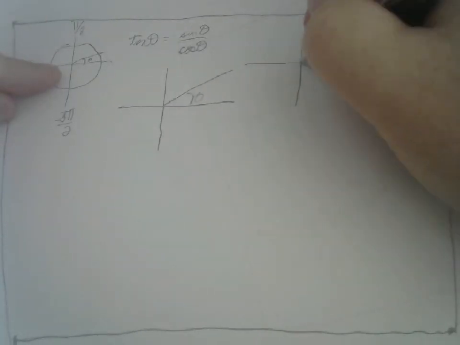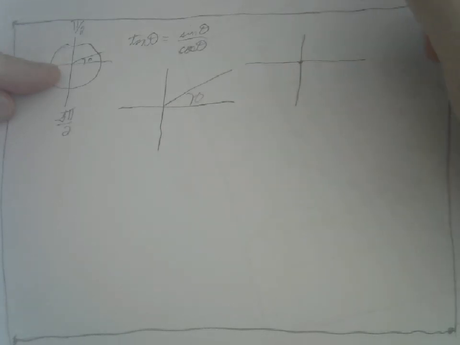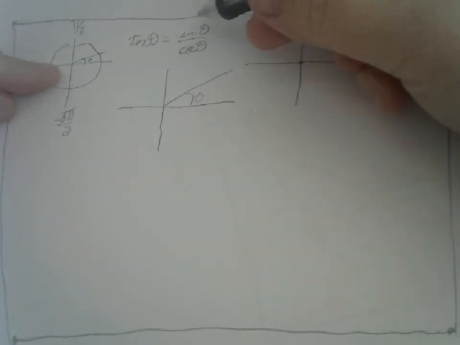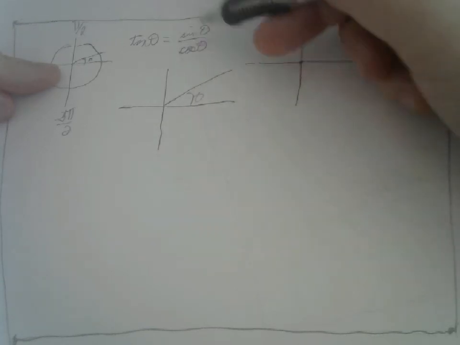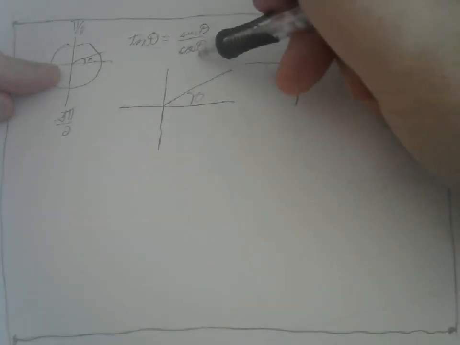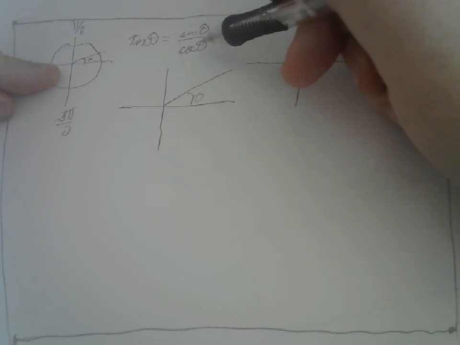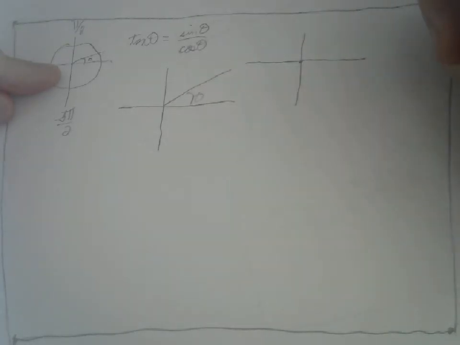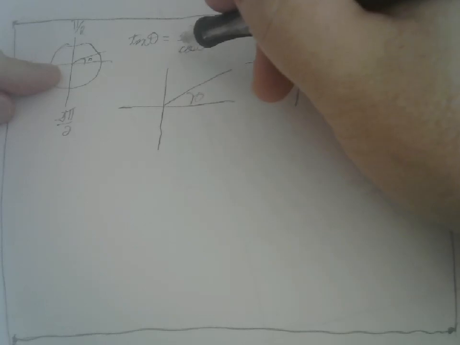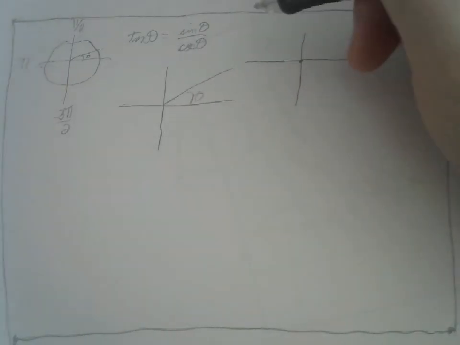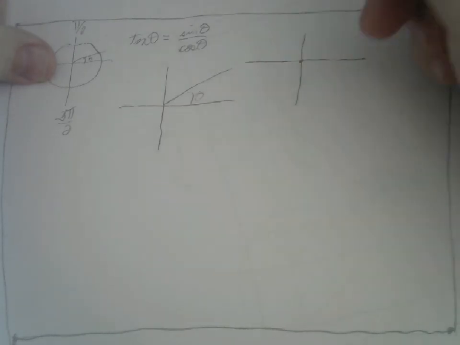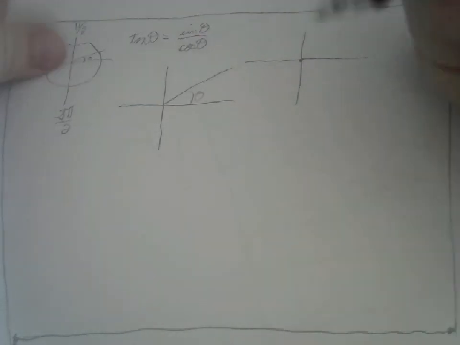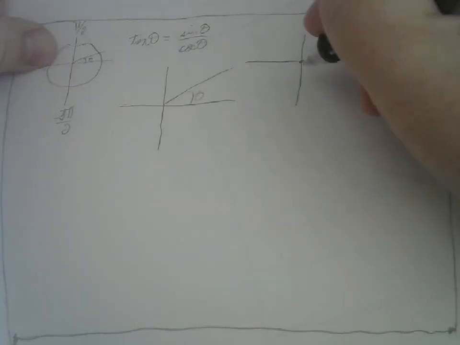We'll start with 0. As it turns out, at this point, sine theta has a slope of 1, cosine theta has a slope of 0, but the value is 1. So you can use something called L'Hopital's theorem to find out the slope of tangent theta.